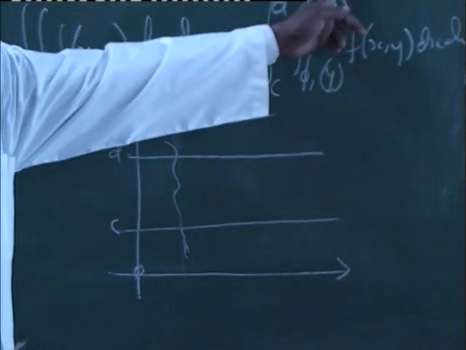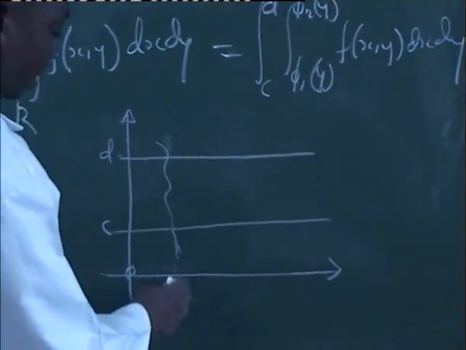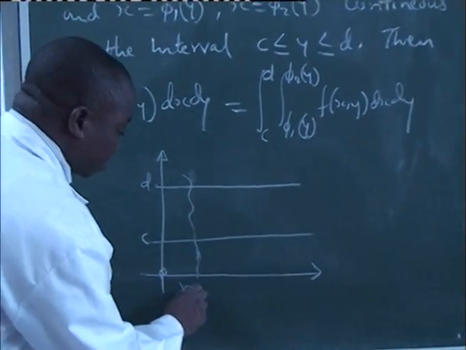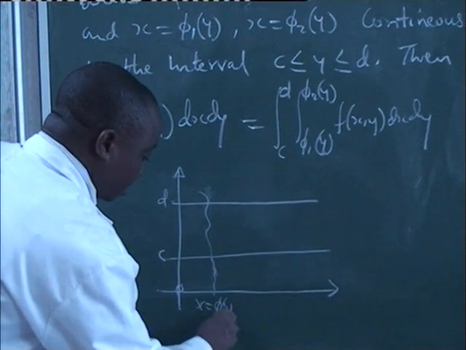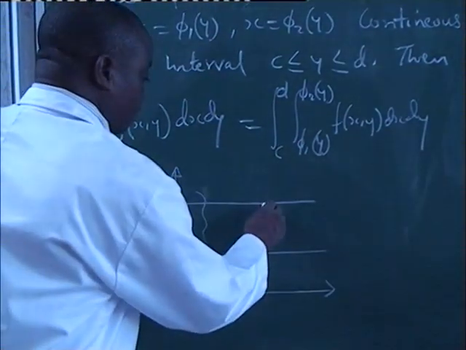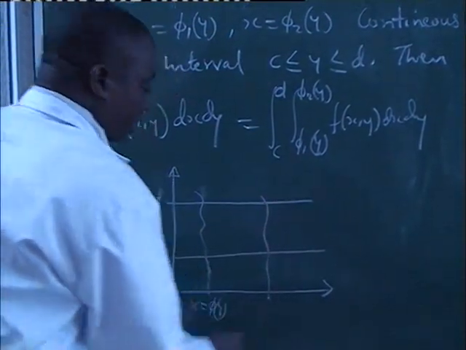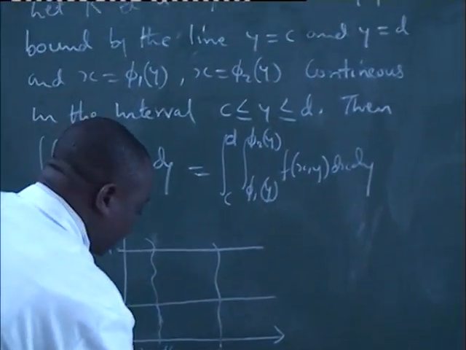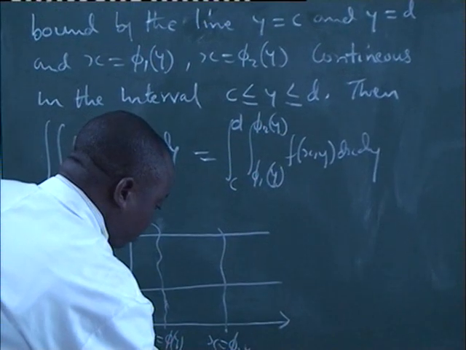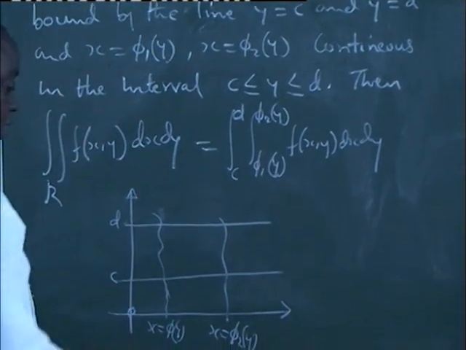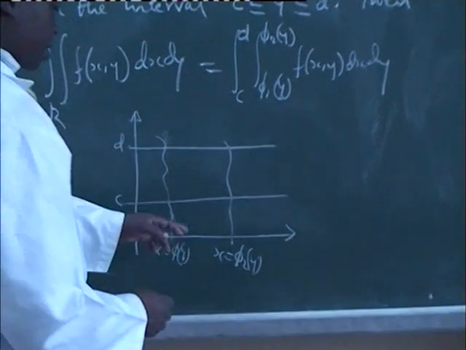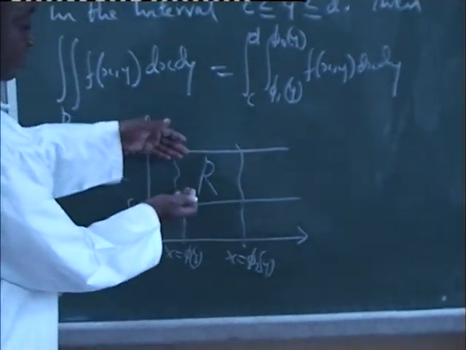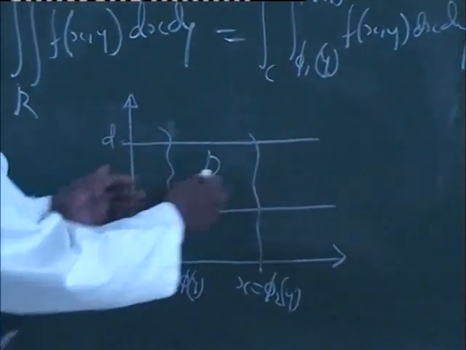And as it's continuous, it corresponds to x is equal to phi 1 of y. This is the function. And in this way again, we have another curve, which is also a function. We have x is equal to phi 2 of y. Now see the region that we are talking about. This region R is bounded by these lines and the curves.